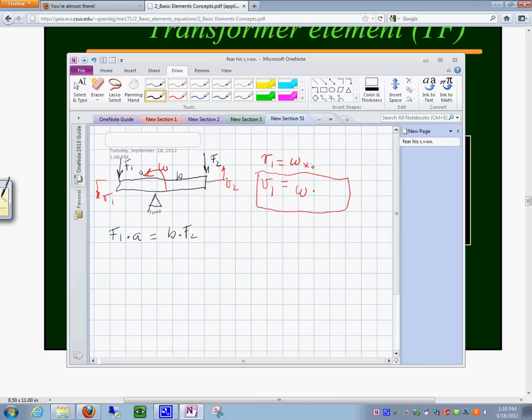Velocity is omega times the distance, in this case A. So v1 is omega times A, like this.